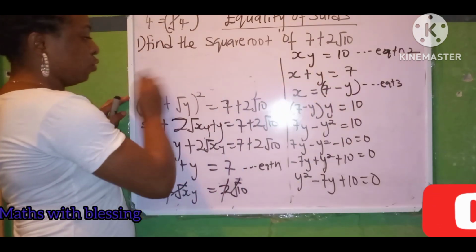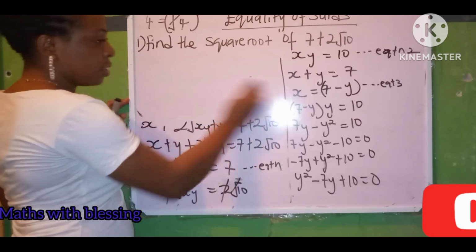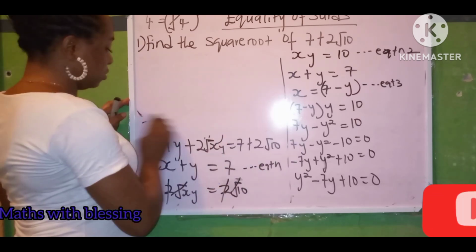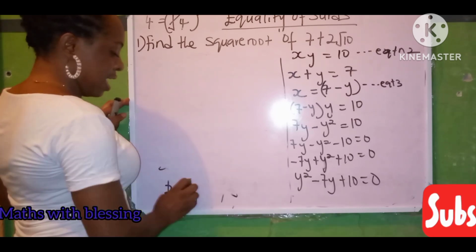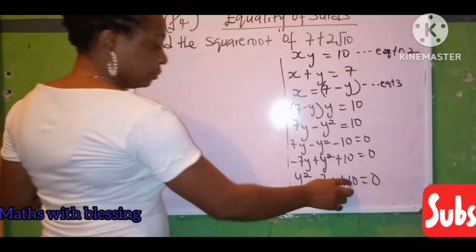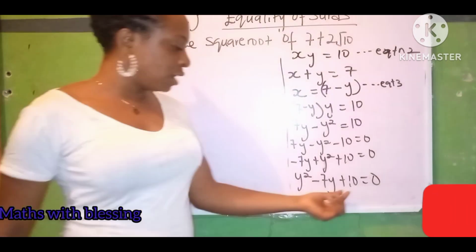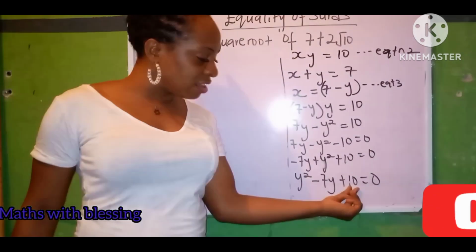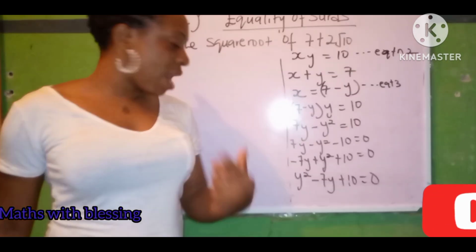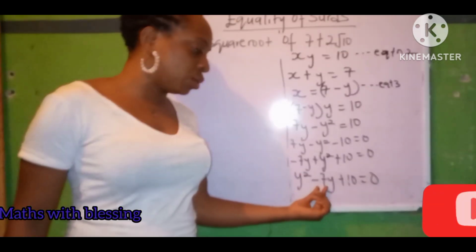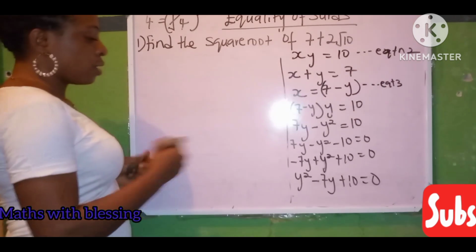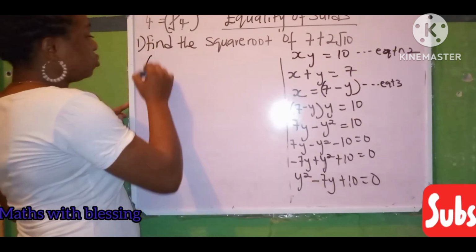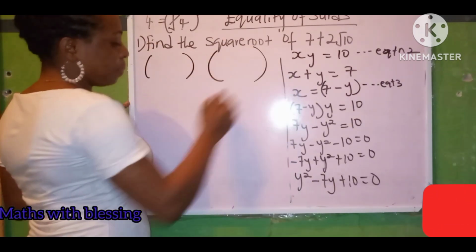How do you solve your quadratic equation? You look for two factors that will multiply to give you 10, and if you add them, will give you -7. From here you open two brackets.